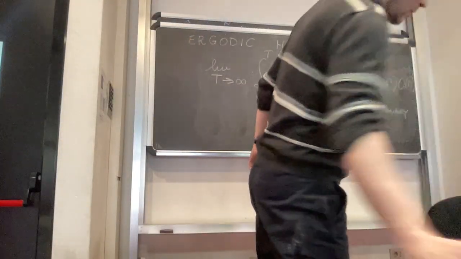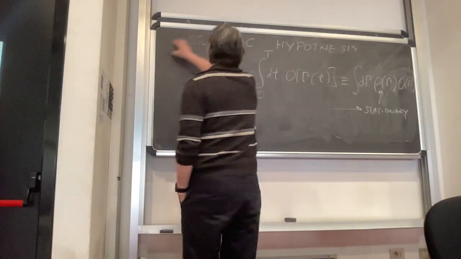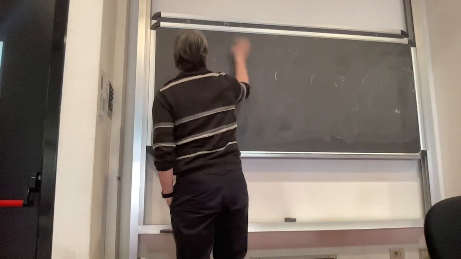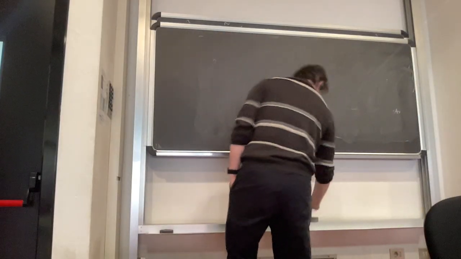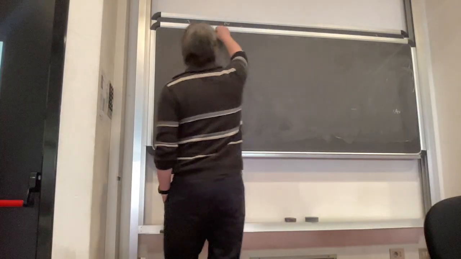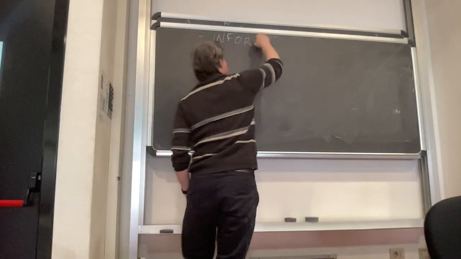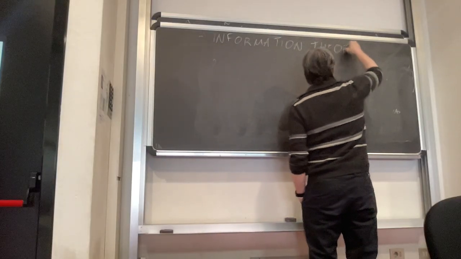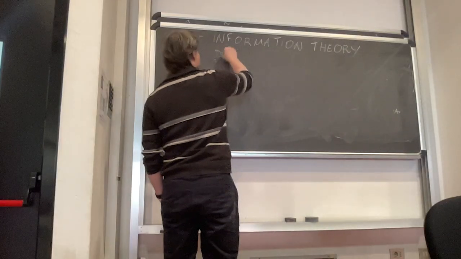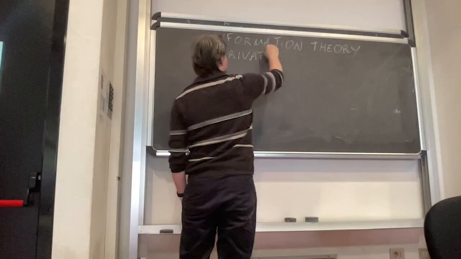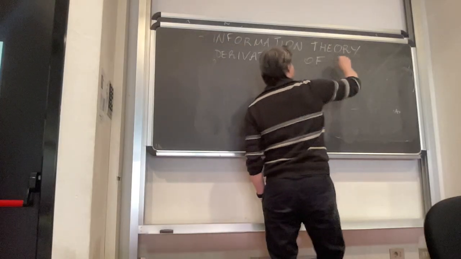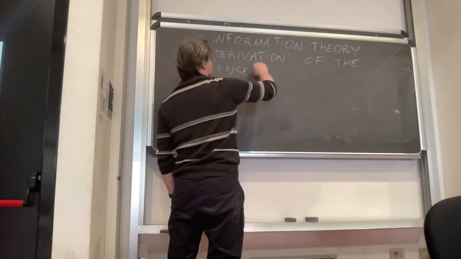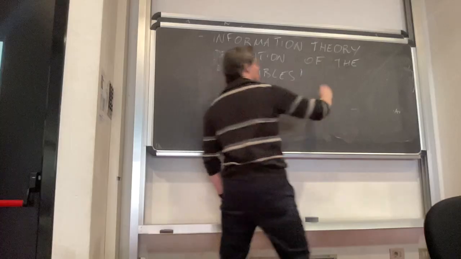And basically, the topic of this derivation is information theory derivation of the ensembles' stationary distribution.